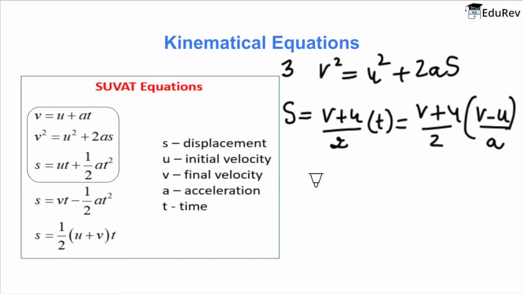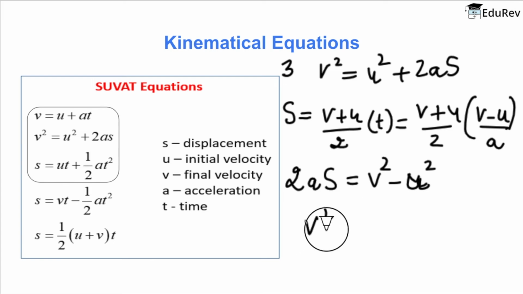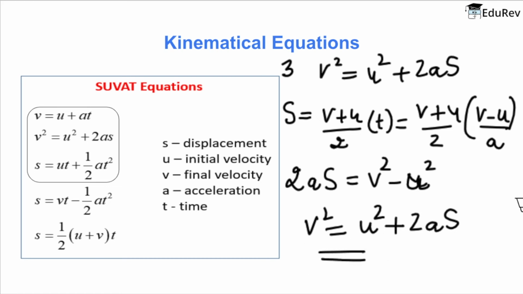So here we can write this as, 2 times as gives you v squared minus u squared. We got to this using the algebraic identity of (a plus b) multiplied by (a minus b), which gives a squared minus b squared. Clear? So the equation turns out to be v squared is equal to u squared plus 2as. So that's how we derive our third equation.